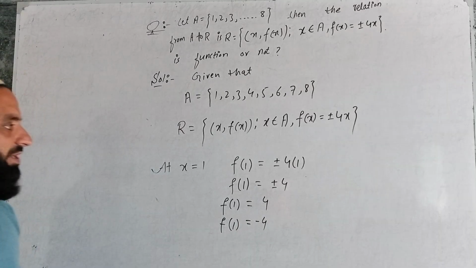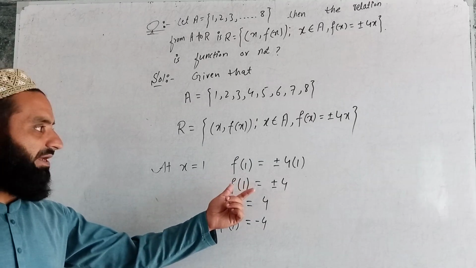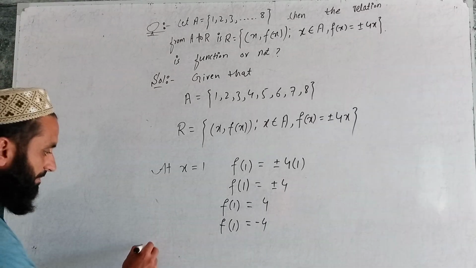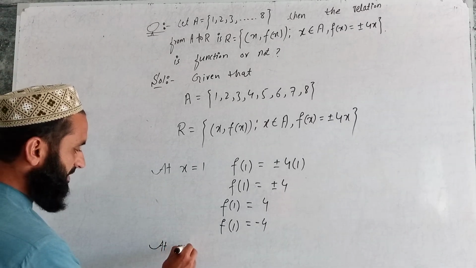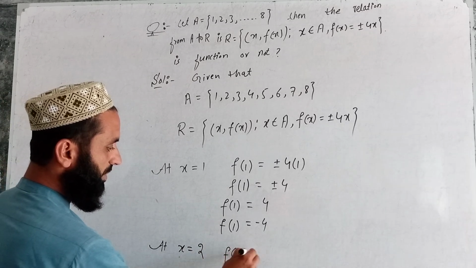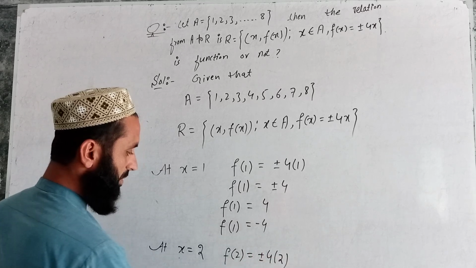That means that for x is equal to 1, there exist two values of y, which is plus 4 and minus 4. Similarly, at x is equal to 2, f(2) equal to plus minus 4 multiplied by 2.